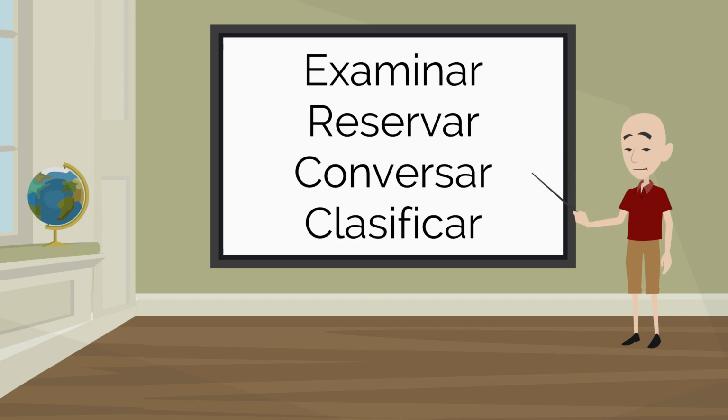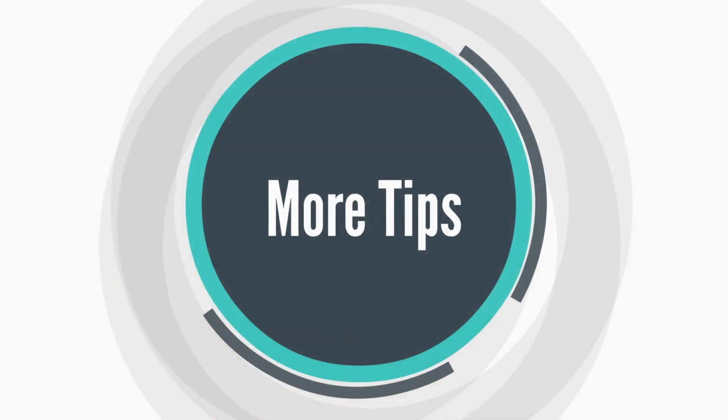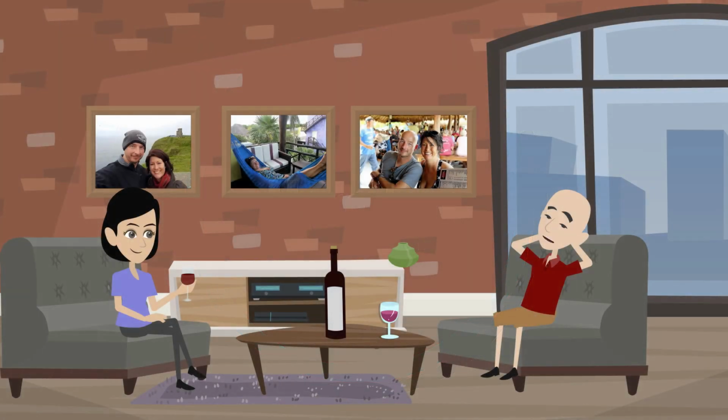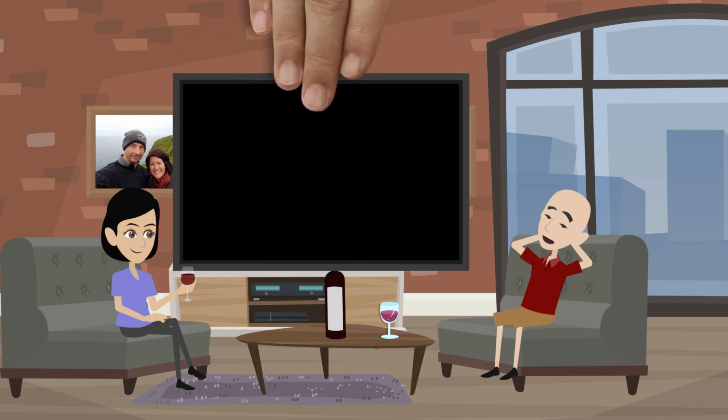The first one is examinar, to examine, followed by reservar, to reserve, conversar, to converse, and the last one, clasificar, which means to classify. How'd you do? Congratulations, you just added over 150 Spanish verbs to your vocabulary without having had to sit down and memorize any of them.